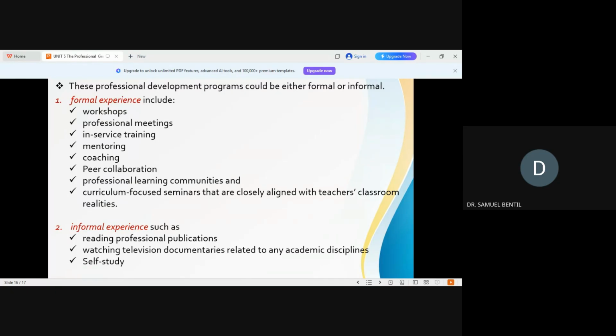Watching television documentaries related to any academic discipline, like in geography, you have NASA, the Ghana Geographic Association, and other associations who do documentaries about their subject area that you get access to watch. Then self-study can also be a form of professional development. So these are all examples of professional development programs that you can engage in to develop yourself.